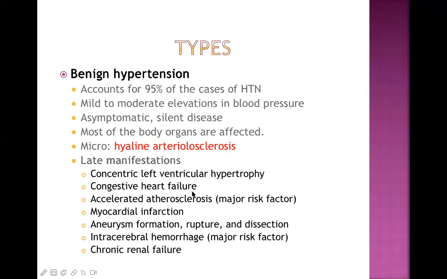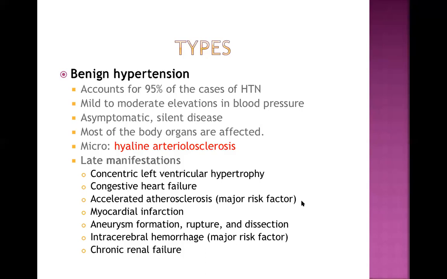Congestive cardiac failure, a very common feature. Accelerated atherosclerosis, because we have studied atheroma is mainly caused by 4 important risk factors like diabetes, hypertension, smoking, and hyperlipidemia. So out of those 4, hypertension is one of them. Myocardial infarction, it is related to atherosclerosis.